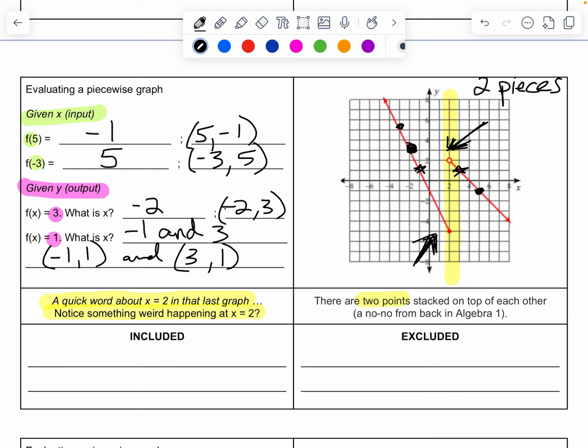Now, the included point would be a point that is counting within the problem. Okay, so if I have an included dot, it counts towards the function. It is a part of the function.